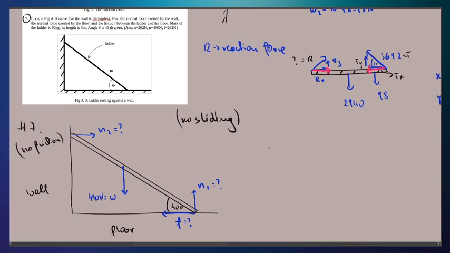Okay, now no sliding, no rotating, nothing is happening here. That implies that the net torque is 0, and also that the net force is 0. But let's go off of this one first. So the torque by all of these forces is 0: the torque by N2 plus the torque by weight plus the torque by the force of friction plus the torque by N1, all of this is 0.